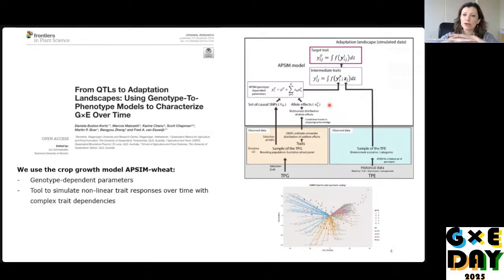And those QTLs were the same for all the environments. For example, photoperiod sensitivity was the same for all the environments. Radiation use efficiency, the same for all environments. But when we combine through the crop physiology model that parameter with how much radiation there was, how much temperature there was, etc., we create this complex target trait that had a lot of G by E.